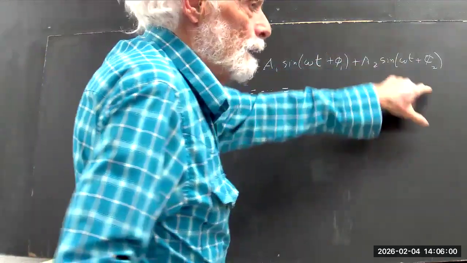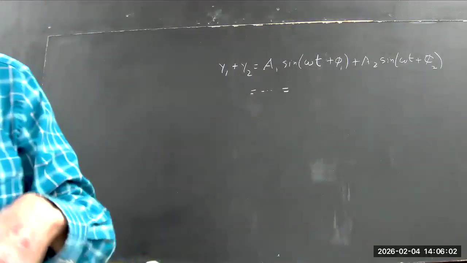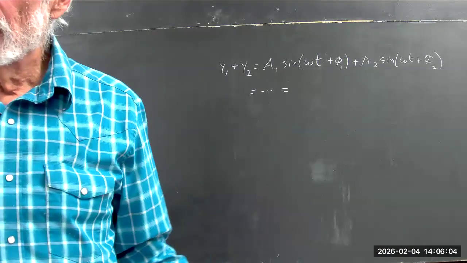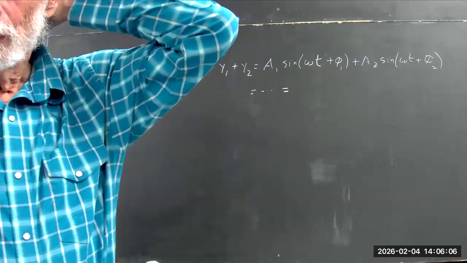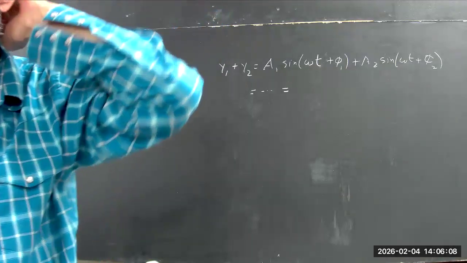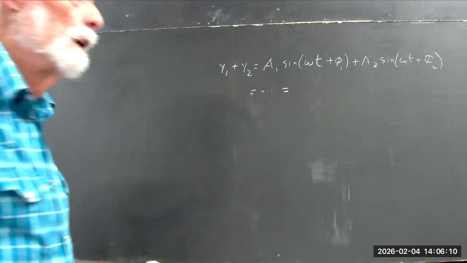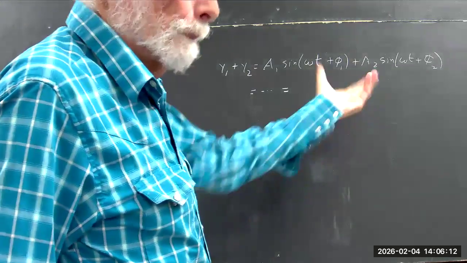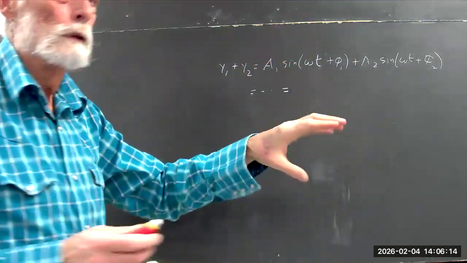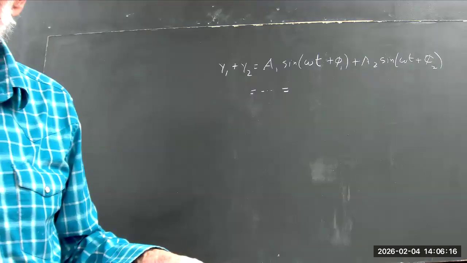Now, there's some mathematics here of sum of angle formulas and all that kind of stuff. I'm sure you're probably using that somewhere in your engineering courses. And you kind of got to know it. If we had a full class period, I'd work it out for you. Okay.